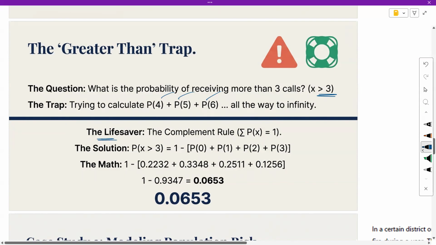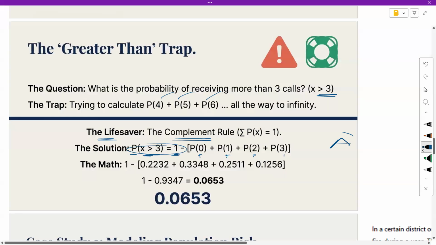To save time, use the complement rule, which we discussed when we covered the fundamentals of probability laws. The probability of getting more than 3 calls is equal to 1 minus the probability of getting 0, 1, 2, 3 calls.